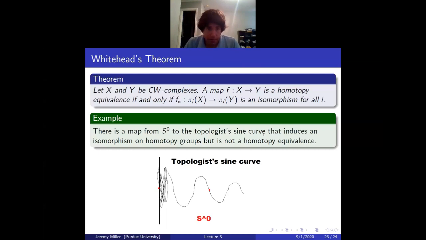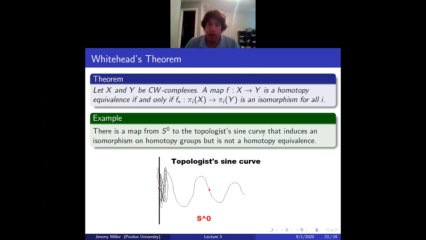It does not mean that two spaces are homotopy equivalent if and only if they have the same homotopy groups. That's a stronger statement, and that's false. But it does say that if you can find a map that is an isomorphism on homotopy groups, then the map is a homotopy equivalence, if the spaces are nice.